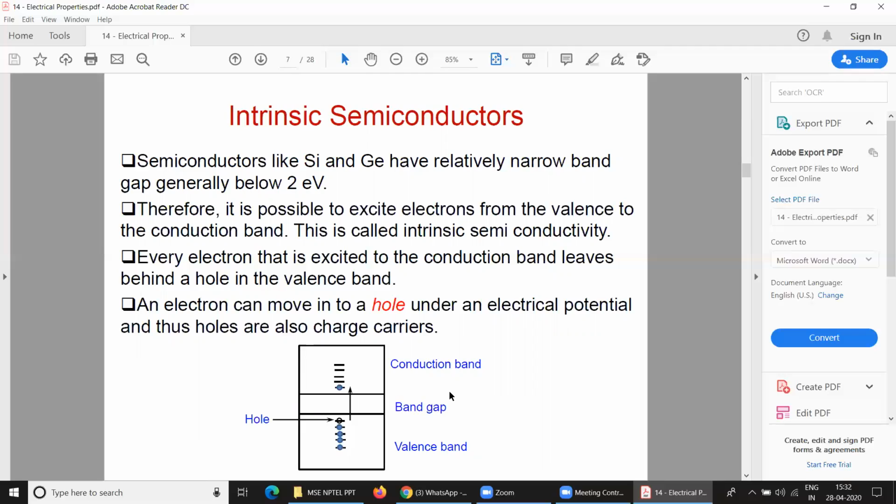Every electron that is excited to the conduction band leaves behind a hole in the valence band. An electron can move into a hole under an electrical potential, and thus holes are also charge carriers. You can see the whole mechanism here. That is, electrons and holes are both charge carriers under an electrical potential.